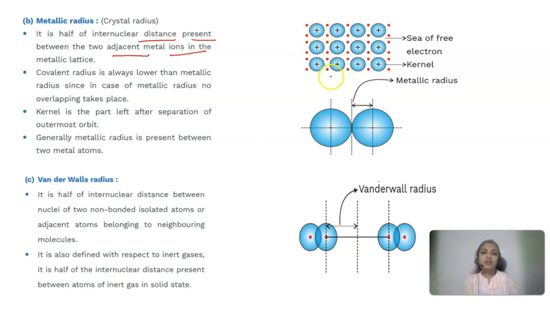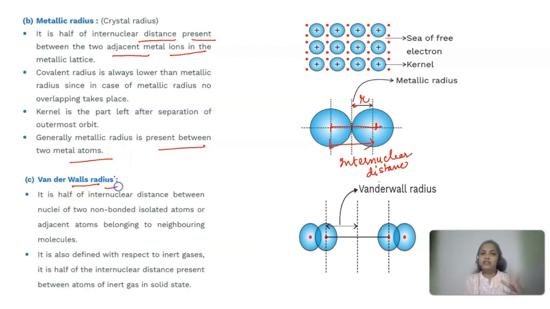So if I am talking about metallic radius, it will be 1/2 of the internuclear distance present between two adjacent metal ions. So these are two metal ions, all right. So in that case, this is your internuclear distance. And if we do the half of internuclear distance, that will become your metallic radius, this one, okay. So metallic radius is present between two metal ions, two metal atoms.